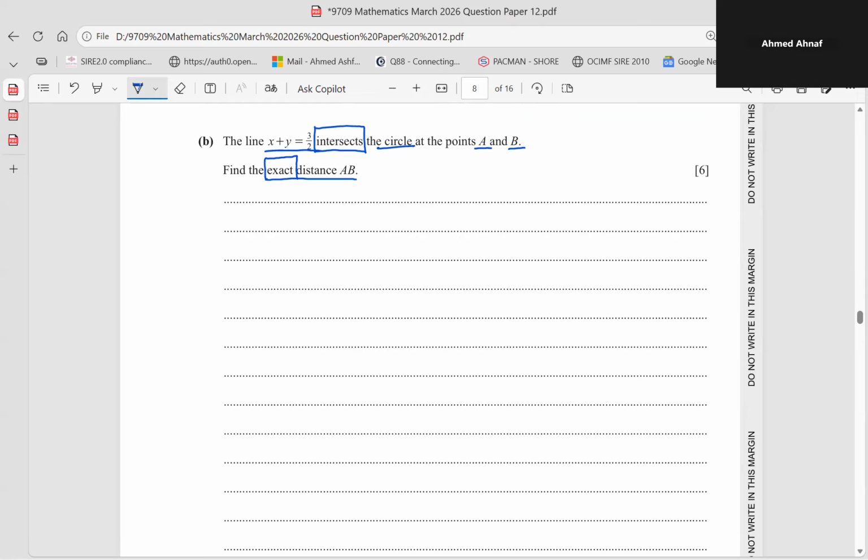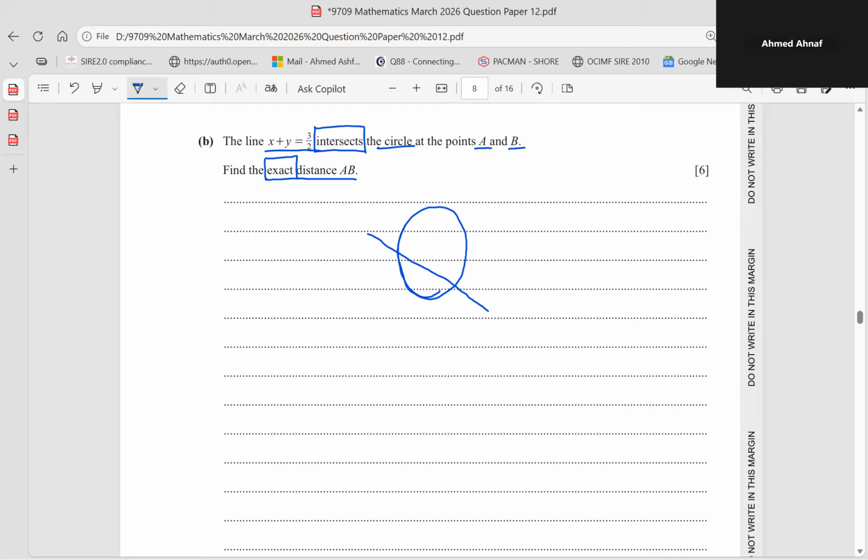For these types of questions, even though this is a very simple question, it's always good to have a rough sketch of what you're dealing with. So this is the circle, and the line is something like this. Because if you make y the subject, you'll get y equals 3/2 minus x. And the coefficient of x is negative, so it's definitely downward sloping.